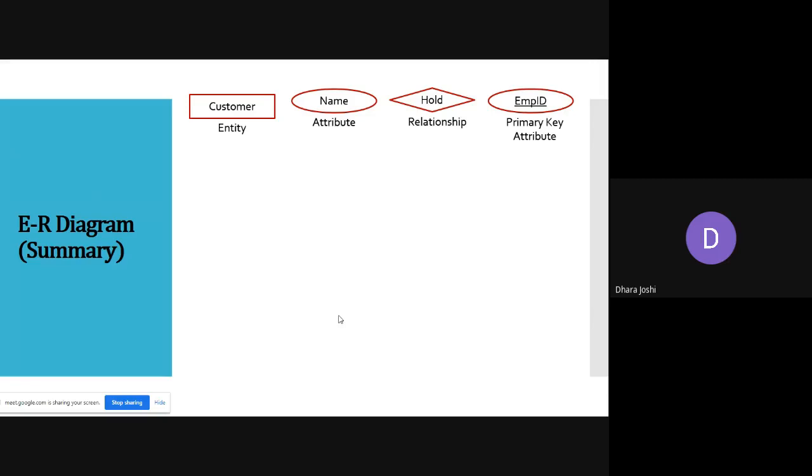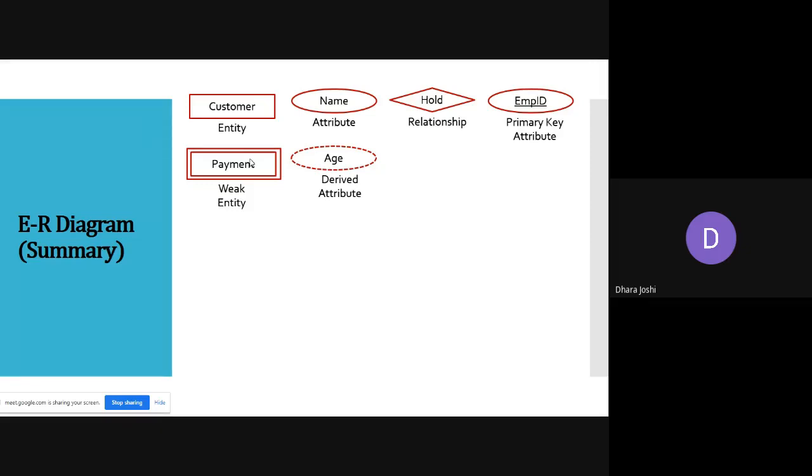Primary key attribute. If it is an attribute, then it is an ellipse or oval shape. For a primary key, we need to keep an underline. Weak entity means, if an entity uses a rectangle, then a weak entity is a double rectangle. Derived attribute means it can be calculated from some other attribute, like age.